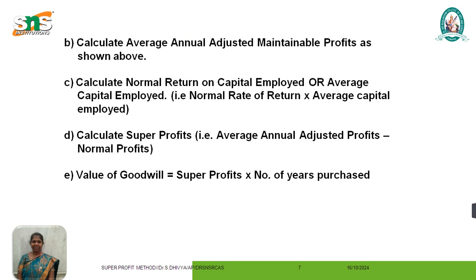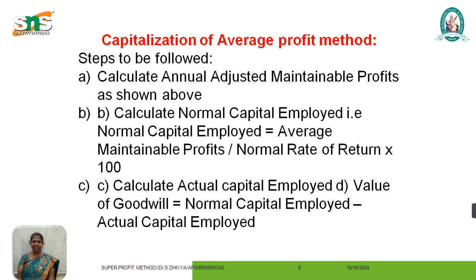The calculation of normal profit on capital employed is normal rate of return into average capital employed. Calculation of super profit is average annual adjusted profit minus normal profit. Value of goodwill is super profit into number of years purchased. The capitalization of average profit method is to calculate annual adjusted maintainable profit; average maintainable profit divided by normal rate of return into 100.